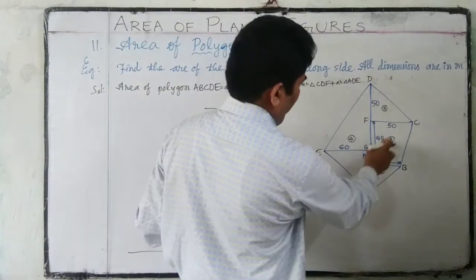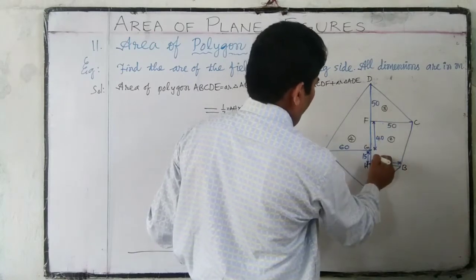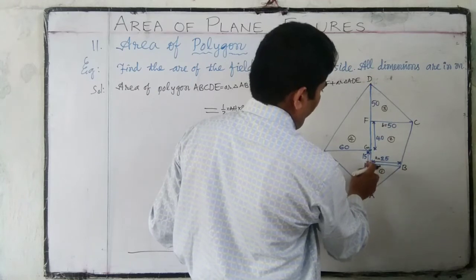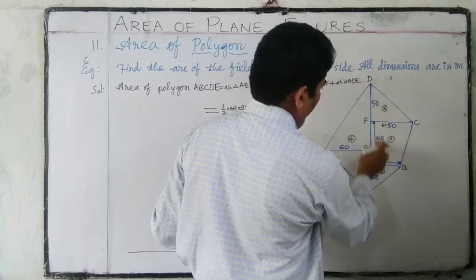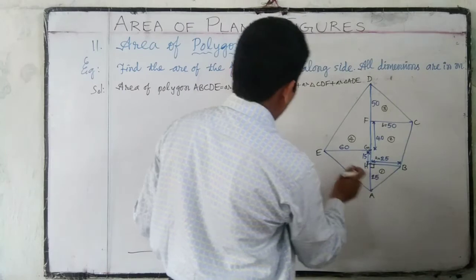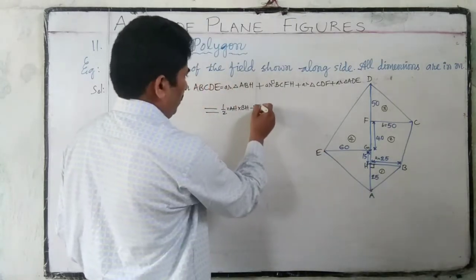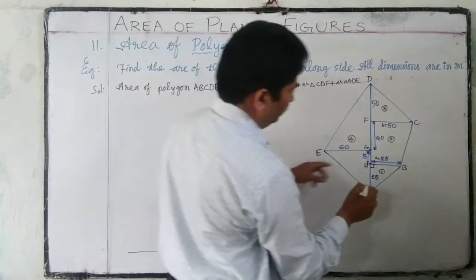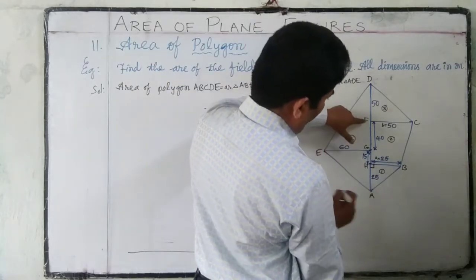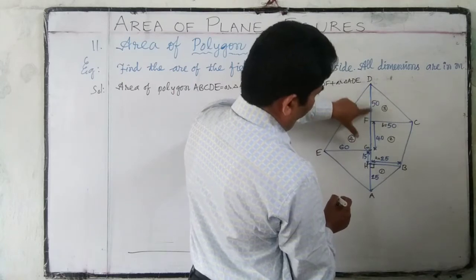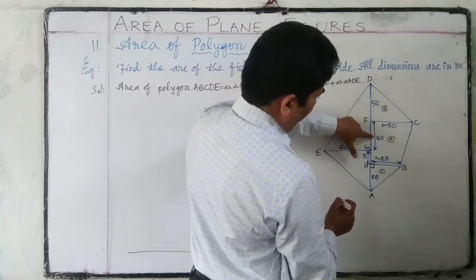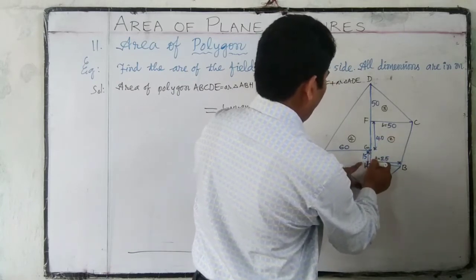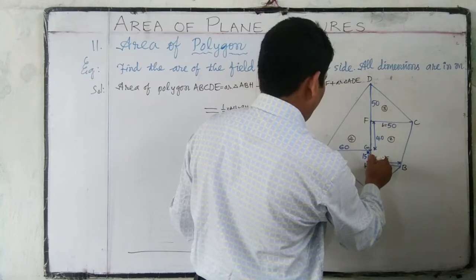Plus this AB is the height of trapezium: 40 plus 15 is 55, so FH is 55.